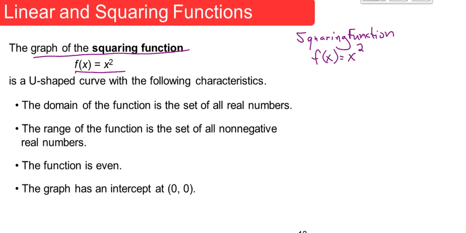I have a nice picture of it in a minute here. If we wanted to plot some points, it's at (0, 0), (1, 1), (2, 4), and then (negative 1, 1), (negative 2, 4), and it has that nice U-shaped graph that we are very familiar with.